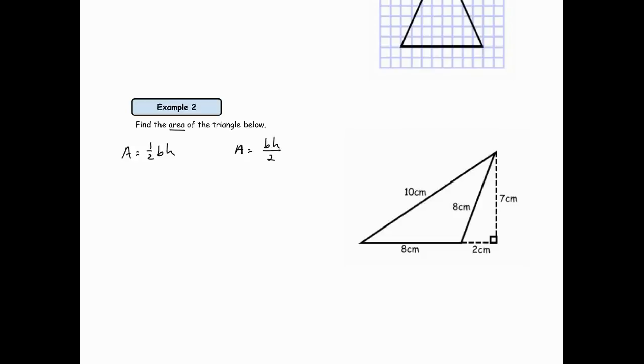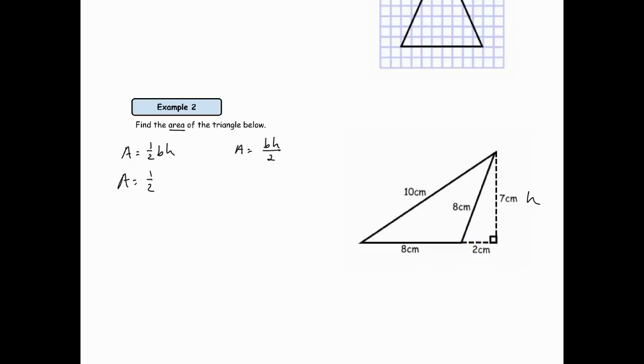We know that our height always makes a 90-degree angle with our base. So area is equal to 1/2. Now, our height in this case is 7 centimeters. Our base is not going to be the entire base here, 8 and 2. Our base is simply just the 8.